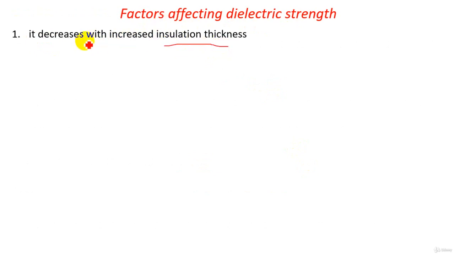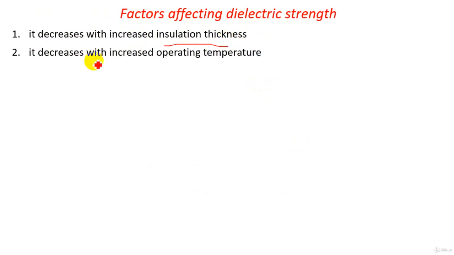Now, what are the factors affecting dielectric strength? There are many factors affecting this value. The first is the insulation thickness. The dielectric strength decreases with increased insulation thickness, which is the separation between the two plates. Also, dielectric strength decreases with increased operating temperature.